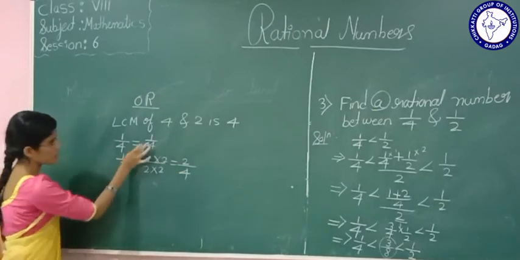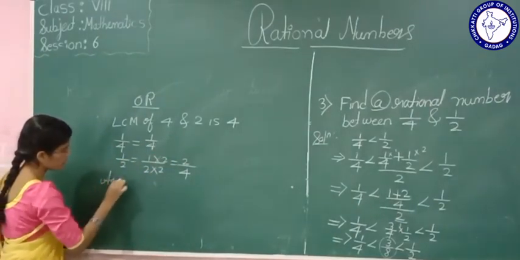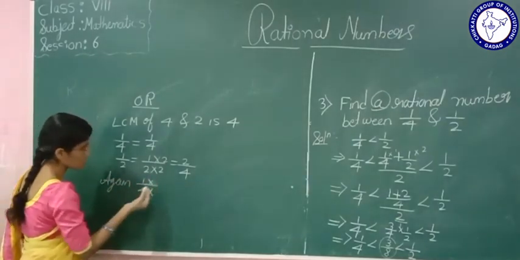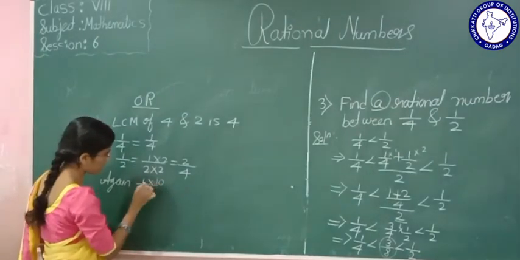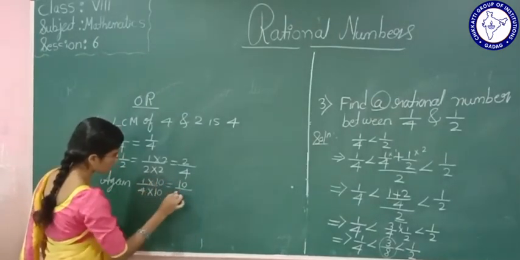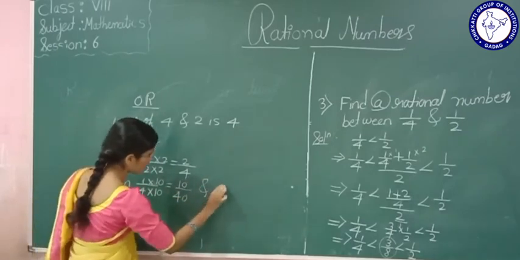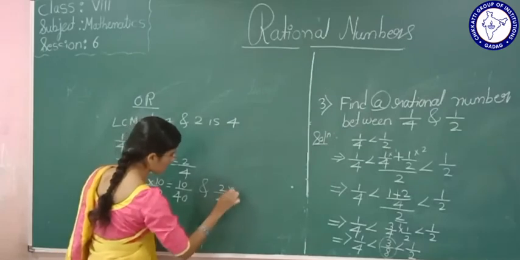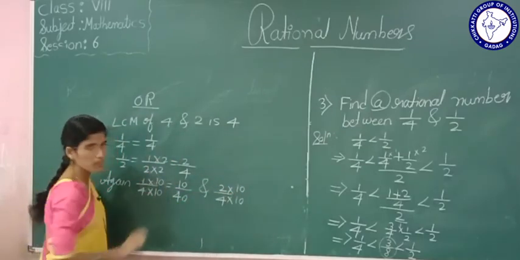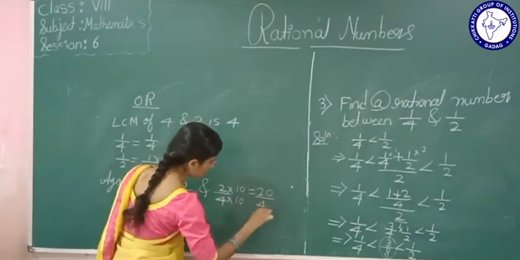Okay, is there any rational number between these two? No. That's why you multiply by a bigger number. Okay, 10. I will multiply by 10. 10 ones are 10, 4 tens are 40. And 2 by 4 multiply by 10. Whatever you are multiplying now, the same number you have to multiply here. 2 tens are 20, 4 tens are 40.